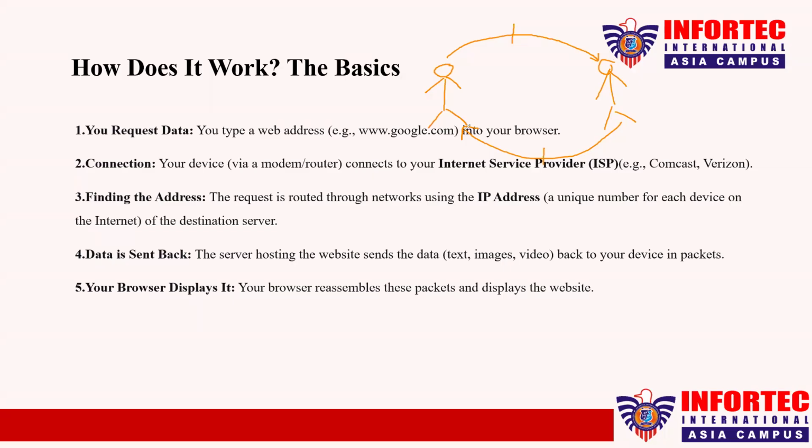So the same way we develop this internet connection. So you request data. For example, you open your Chrome or Firefox, and in the search engine, you type something. When you type something, that is the thing you request because you want to know something about that. You want to search on that. So you request data.